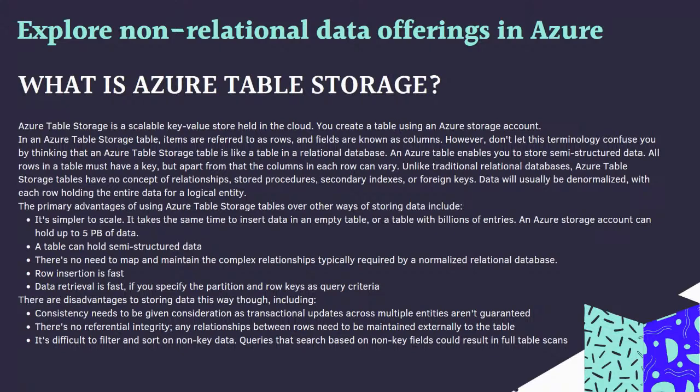The first service provided by Azure for non-relational data is Azure Table Storage. As I discussed yesterday, we have a table that contains two things: first is your key, and second is your value.